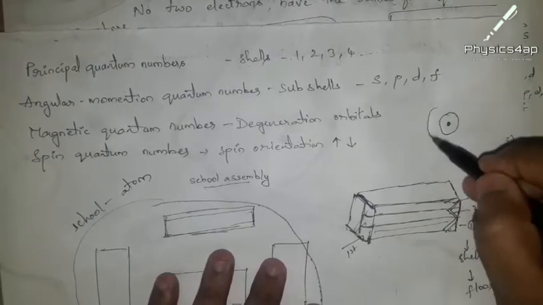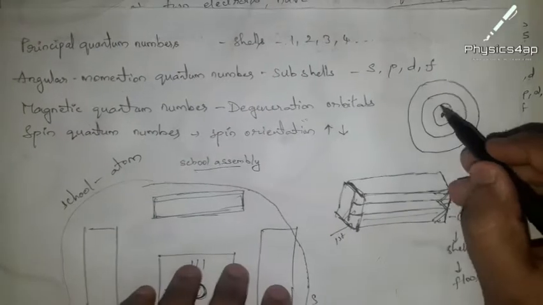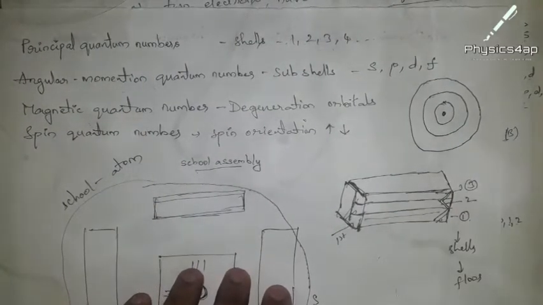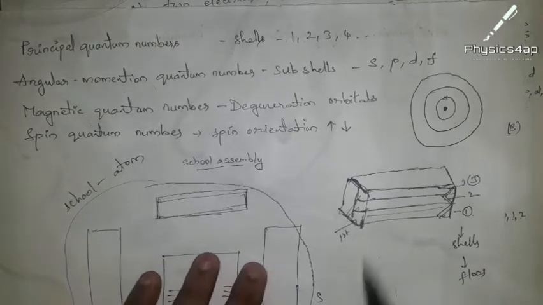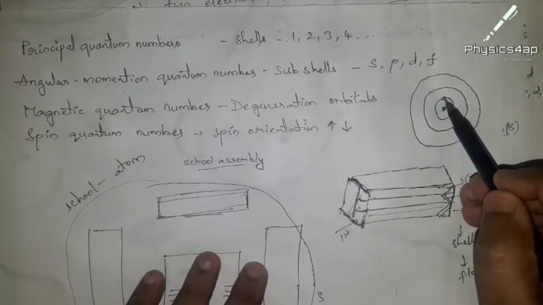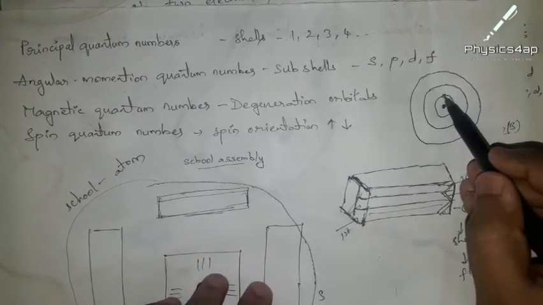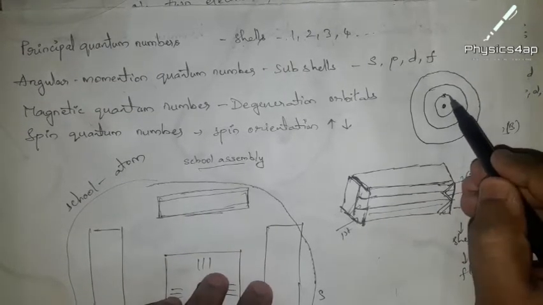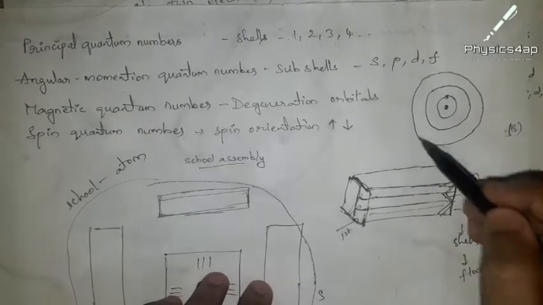The first electron will be placed into the first shell. It cannot enter directly into the second or third. First it should enter the first shell. After the completion of the first shell only, it can go into the second shell. After the completion of the second, it will move to the third.